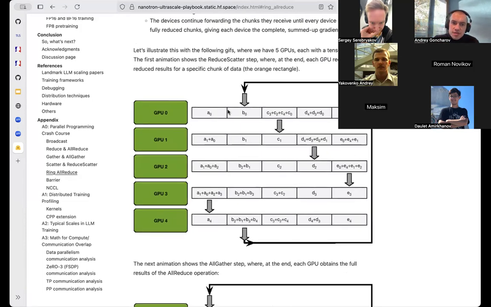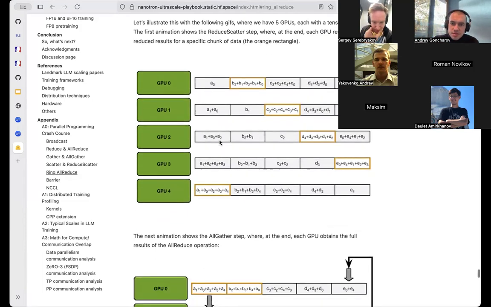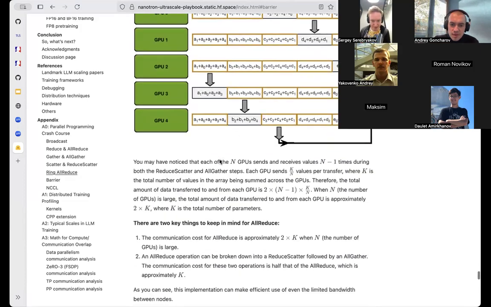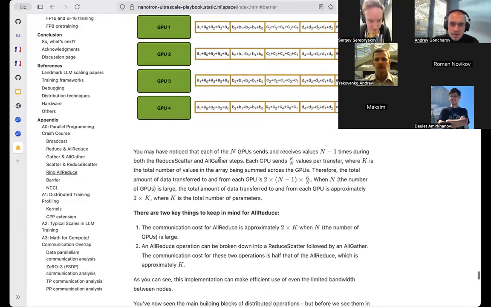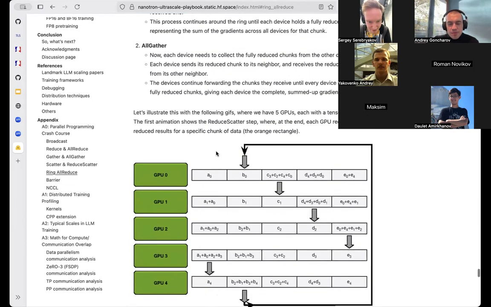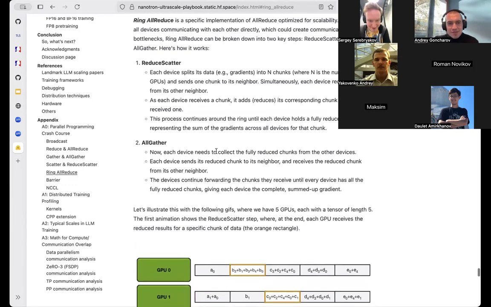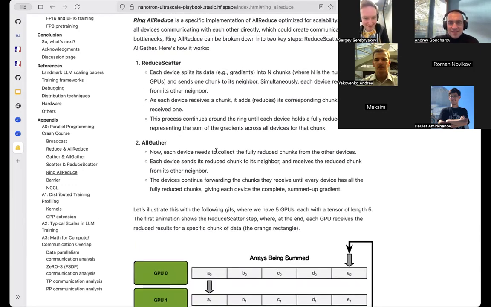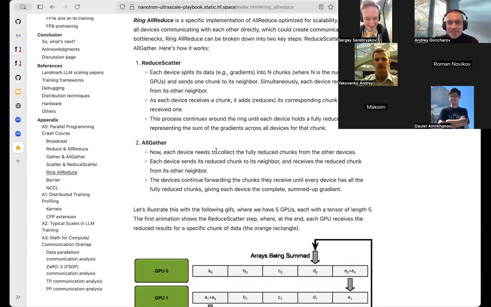Okay, it says that the first animation shows reduce-scatter, then all-gather. I think I need to read it offline, to be honest. I can't really comprehend it on the fly.